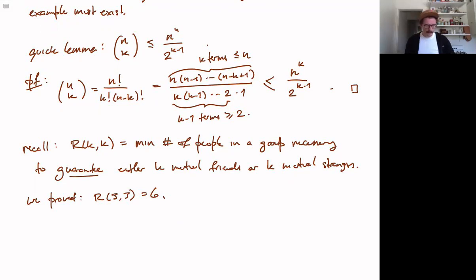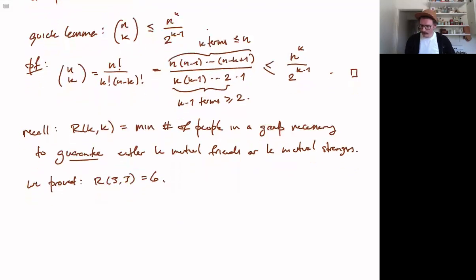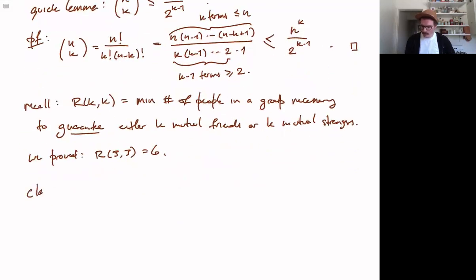So the claim now that we are going to prove using the probabilistic method is that for k at least 4, R(k,k) is greater than or equal to 2 to the k over 2. Let me rephrase this to make it more clear how we're going to execute the proof.